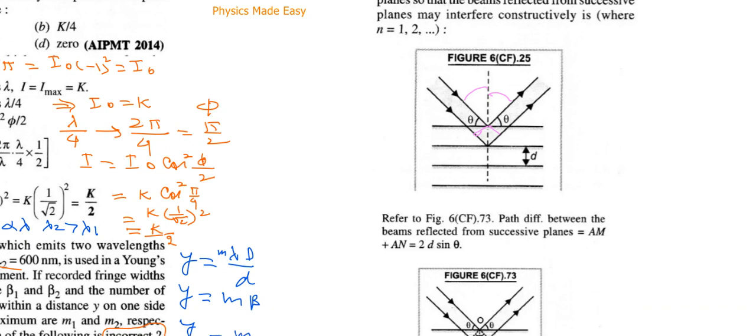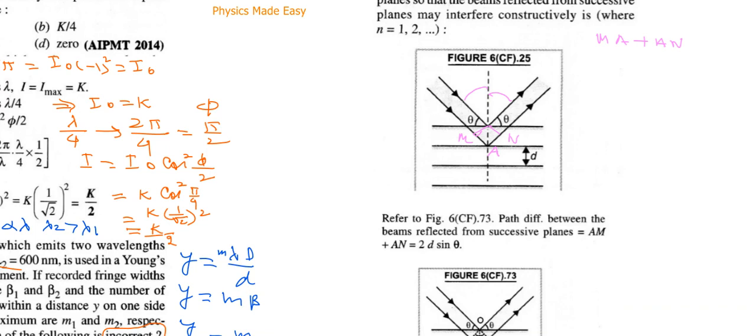Let this point be A. Whenever you have to find out the path difference, try to draw perpendiculars at appropriate places. This is M and this is N. Total path difference between the two rays is MA plus AN.